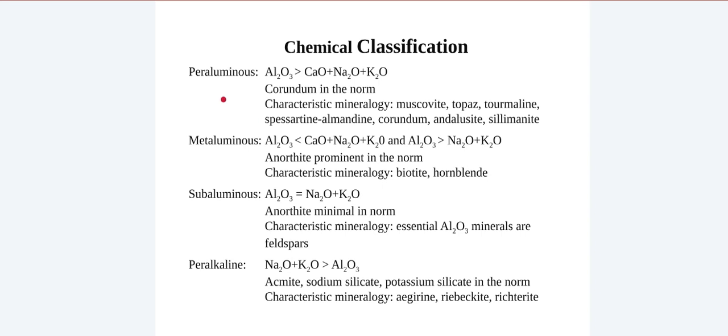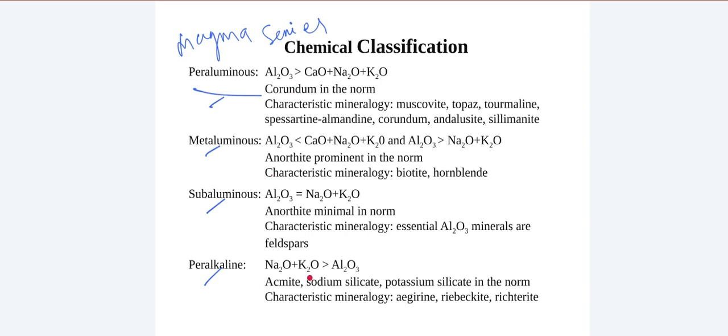You have already studied about the magma series, right? Sir taught you the magma series? For aluminous, meta-aluminous, sub-aluminous, peralkaline? You didn't study it. Okay. See, for peraluminous, Al2O3 is greater than CaO plus Na2O plus K2O. It is written here.